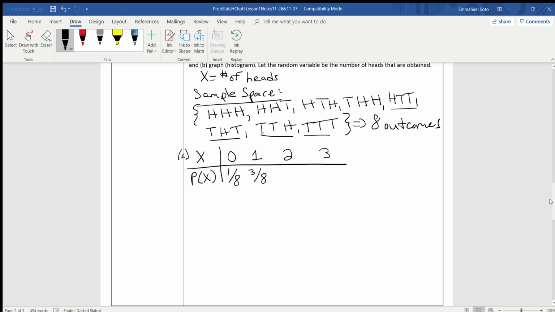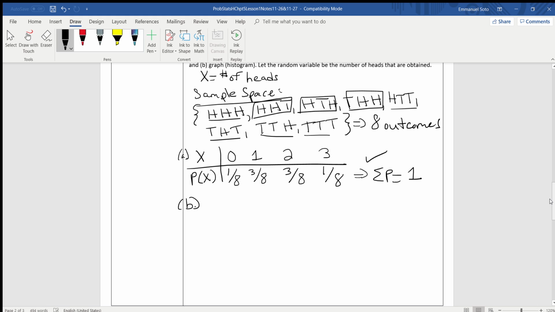What about 2 heads? That would be 1, 2, 3 again, so 3 out of 8. And the probability of getting all 3 heads would be 1 out of 8. Notice this is a probability distribution because the sum of the probabilities is equal to 1: 3, 6, 7, 8. So that equals 1, and this is a valid probability distribution.